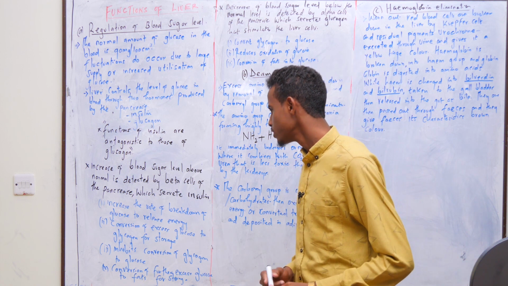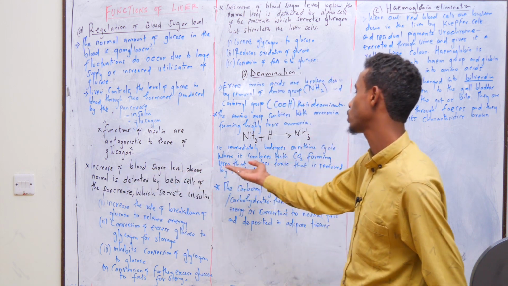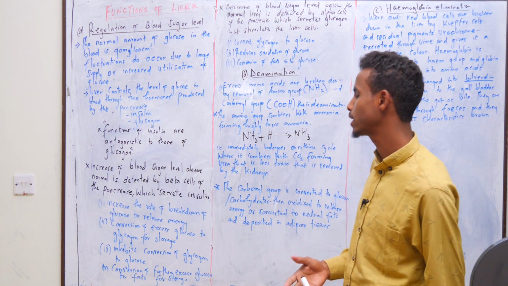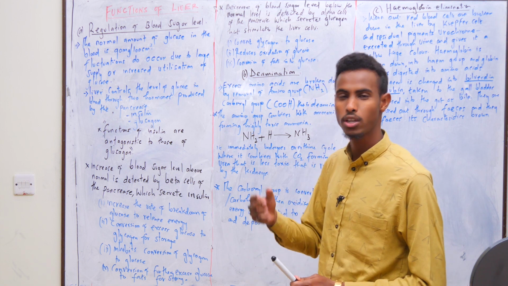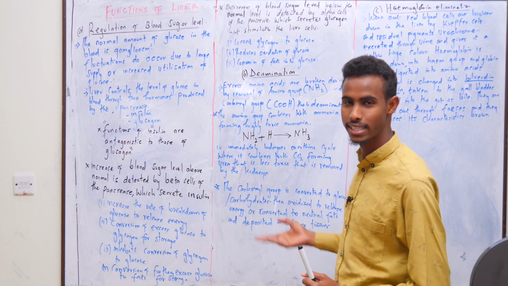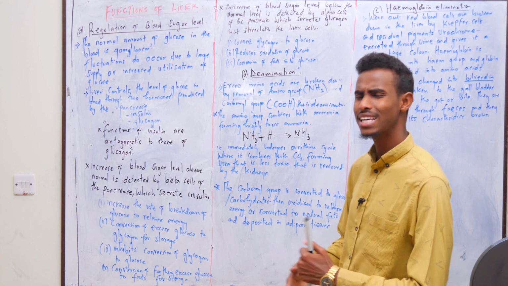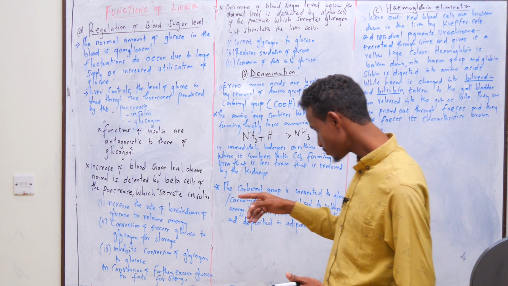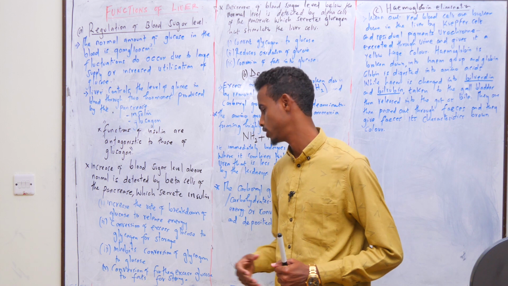Very good. Now, let's start with the first one. An increase of blood sugar level above normal is detected by the beta cells of the pancreas, which secrete the hormone insulin. What does insulin do? Insulin increases the rate of breakdown of glucose to release energy.